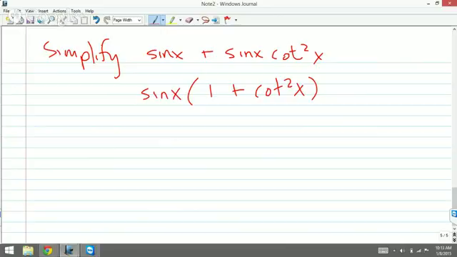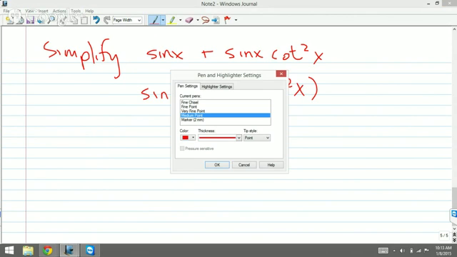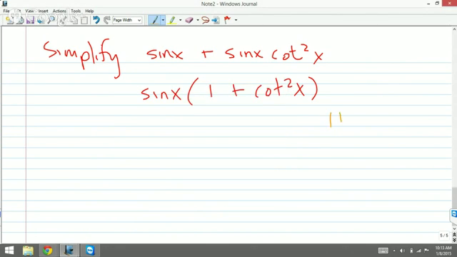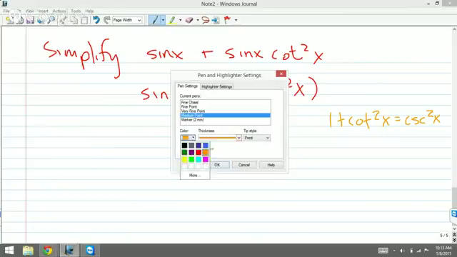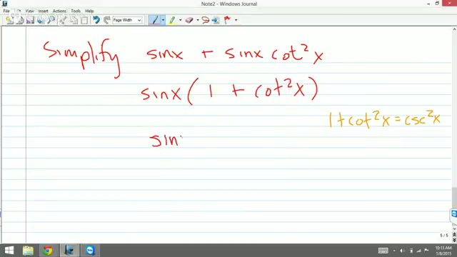So I've factored, algebra, right? There's an identity. What does 1 plus cotangent squared equal? It's one of the Pythagorean identities. So I can substitute now and get sine x times cosecant squared x.